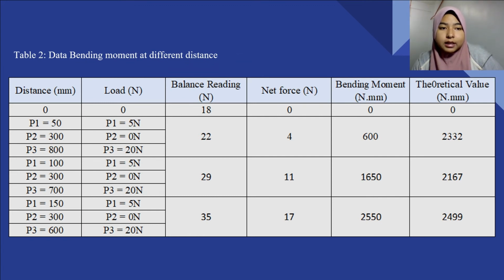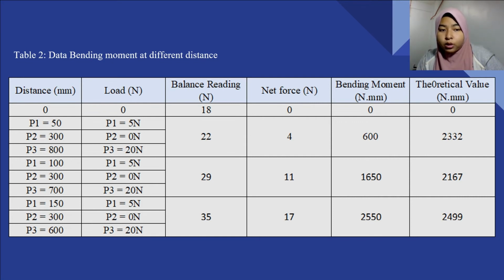So this is table 2, which is the data of bending moment at different distance. For the first data, P1 will be at 50 mm and P3 will be at 800 mm. Second data, P1 will be at 100 mm and P3 will be at 700 mm. And for the third data, P1 will be at 150 mm and P3 will be at 600 mm.